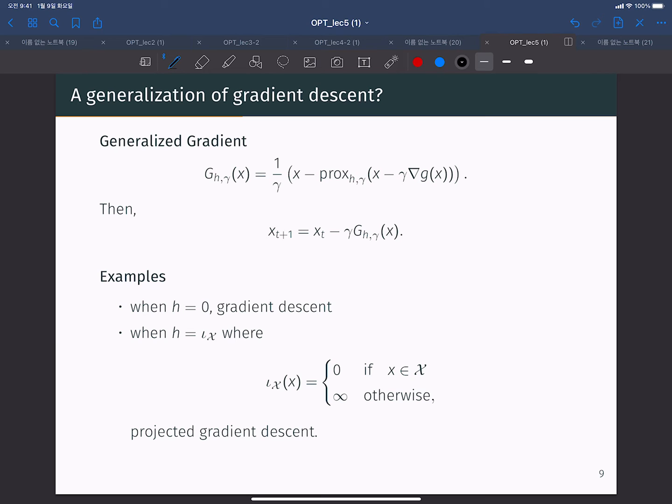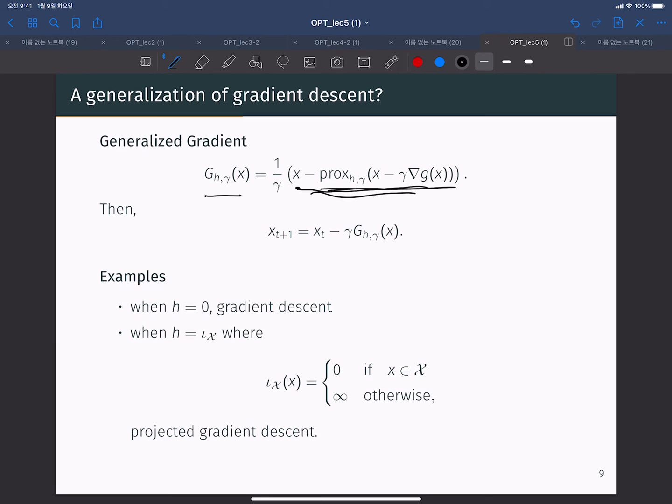Right. So this is the generalized gradient method. Every time we update input x with the proximal gradient descent concept, we can consider the update direction as a generalized gradient.